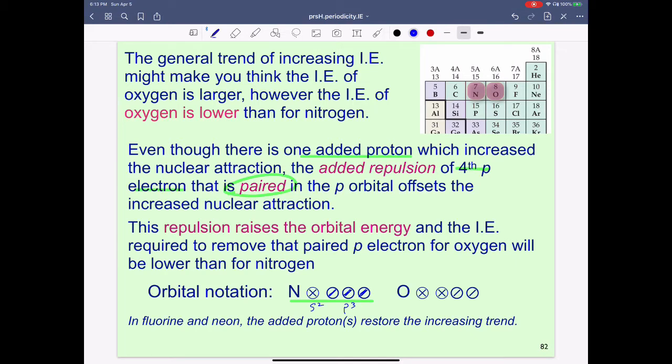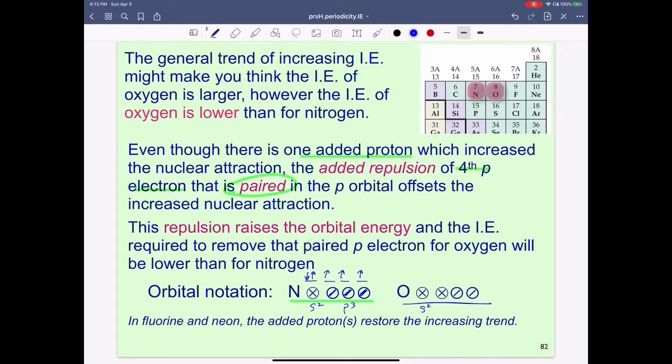Some of you may have seen this in your textbooks or with your teachers. You might have been drawing the same thing but with up and down arrows. I happen to like the circles and the crosses. Either is fine. But if we look more carefully at oxygen, the 2s2 for oxygen is paired.